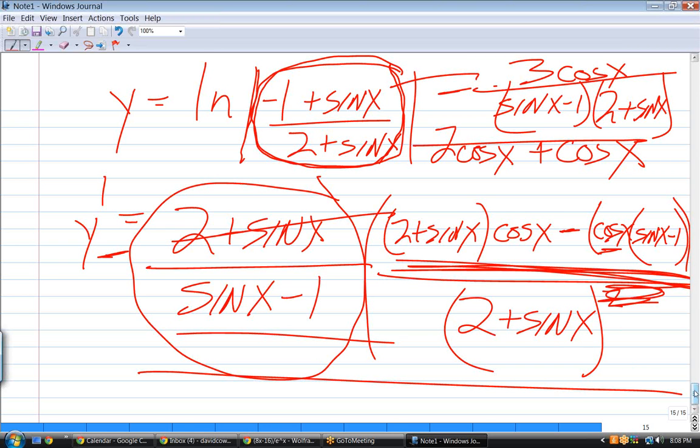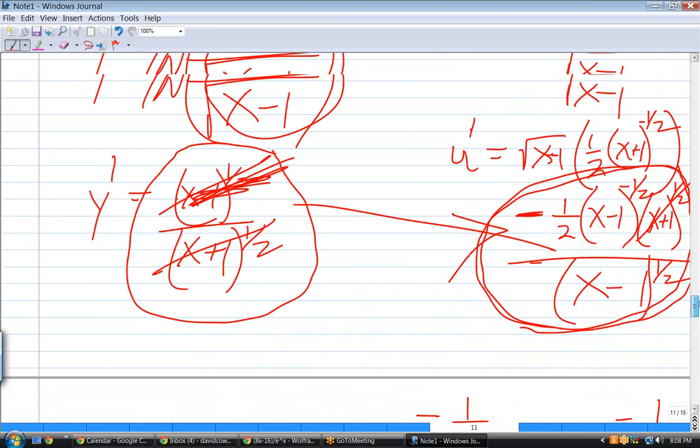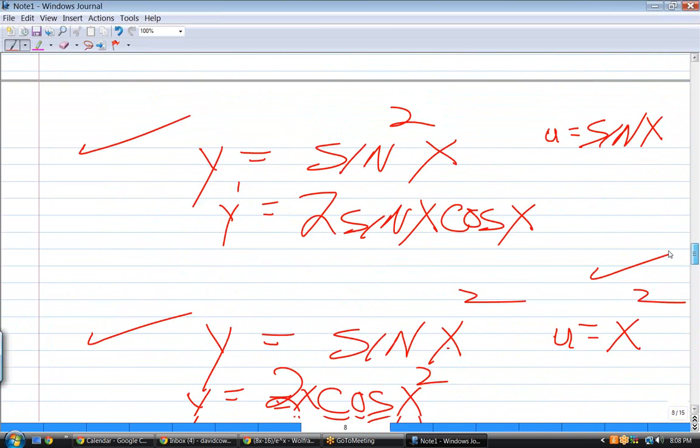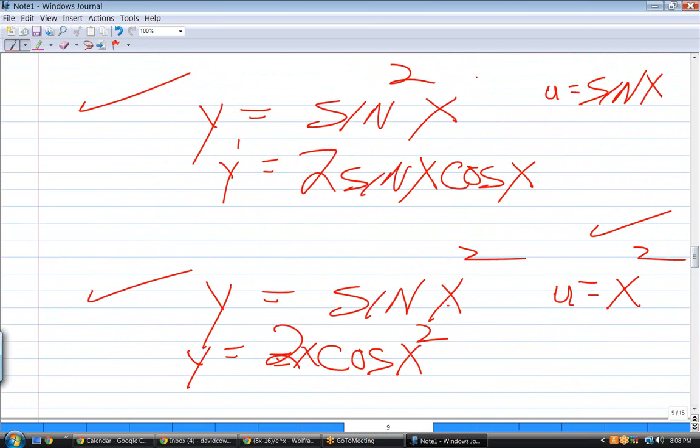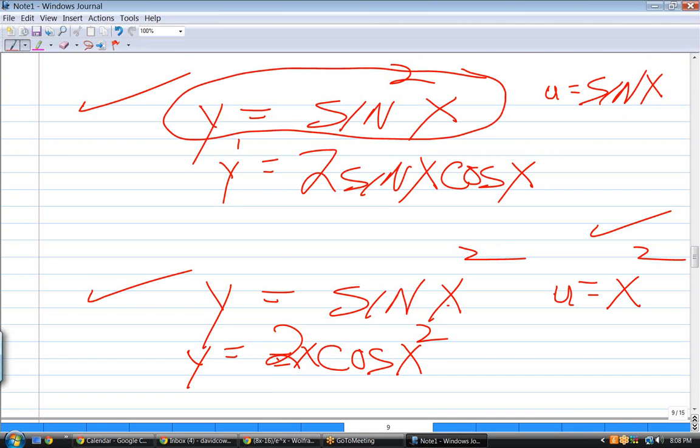Most important thing you can really learn from this session is the chain rule: derivative of the outside times the derivative of the inside. And the best example of how to use the inside and the outside really comes from those 2 functions right there. Notice, in this case, the inside is sine x, but in this case, the inside is x squared.